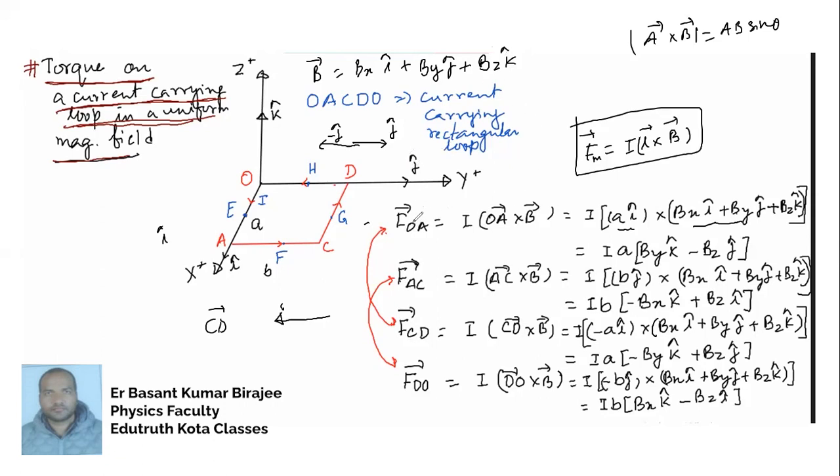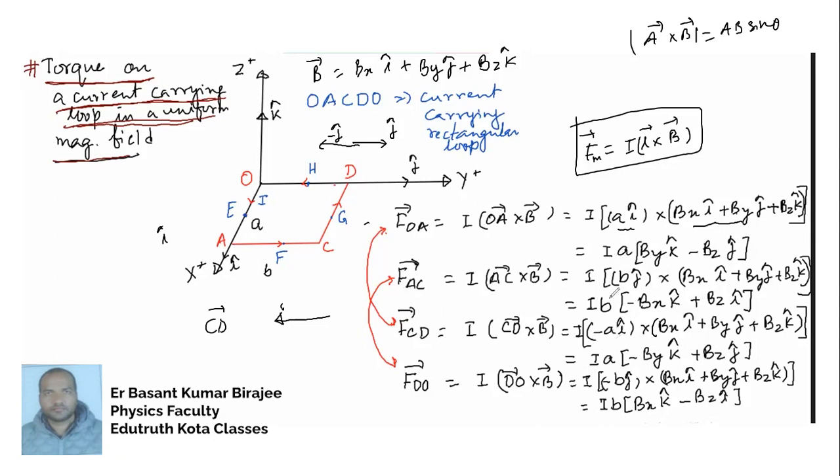And just analyze one thing here. See here, the force on the OA arm, its value is this much. And the force on the OA arm, you have I A in brackets, B_y k cap minus B_z j cap. And see, the magnetic force experienced by the CD arm is how much? This much. Now just analyze these two values.